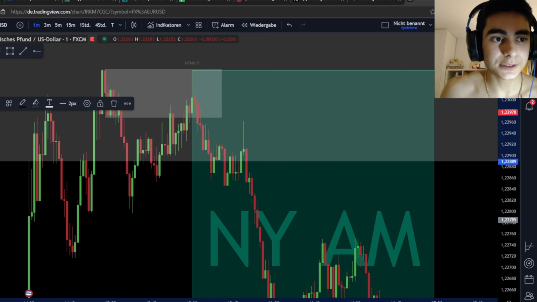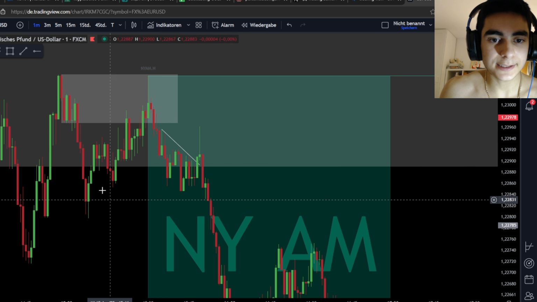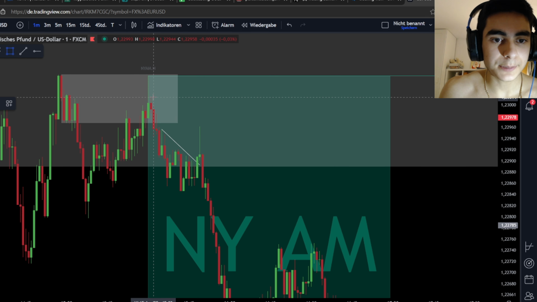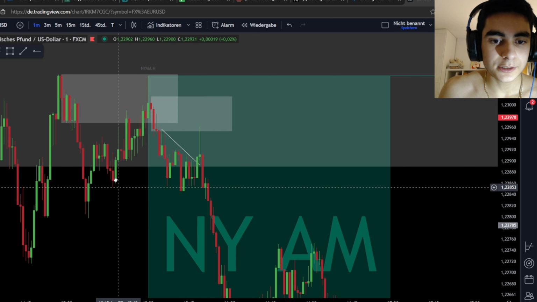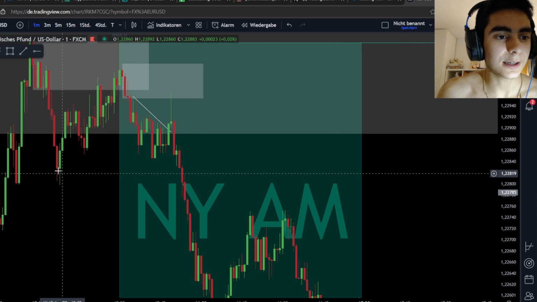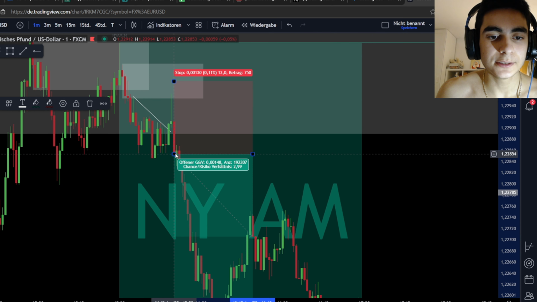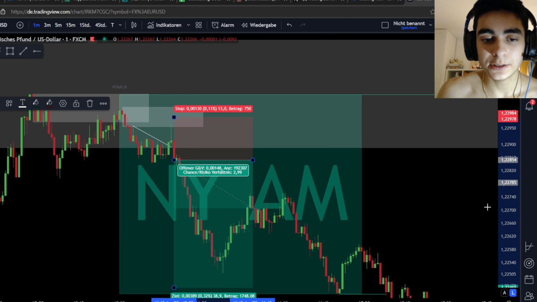But after this little trend line gets taken out and price comes back into this area and shows us a really nice reaction, like a really nice doji candle, followed by a big engulfing candle, that's where I would take the short in GBP USD.